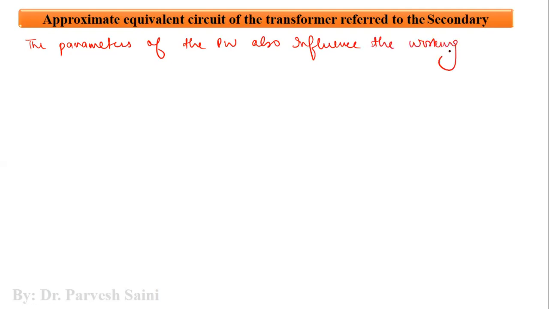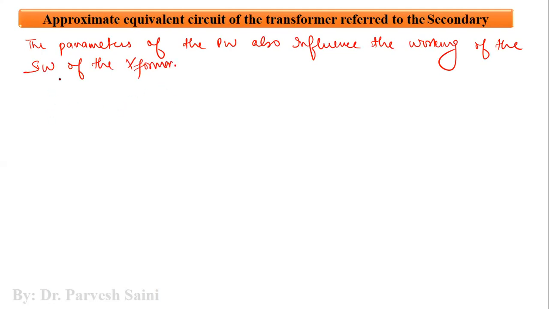So now, because in the beginning we have seen that the parameters of the primary winding also influence the working of the secondary winding of the transformer, right?